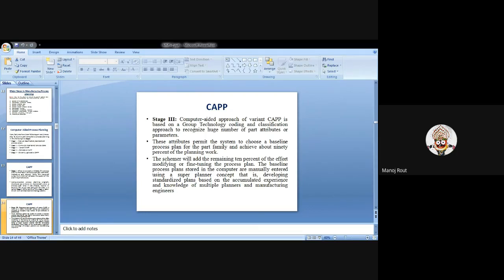When you reach stage number 3, group technology or cellular manufacturing systems are enabled, which provide coding and classification of a huge number of parts and components with different attributes and parameters. These parameters permit the system to choose a baseline for the part family and achieve 90% of the planning work. These are done through the synchronization of machines with your computer.